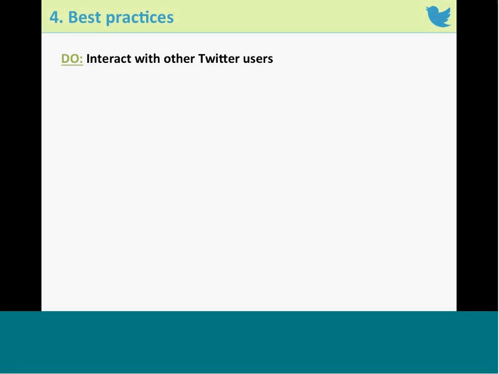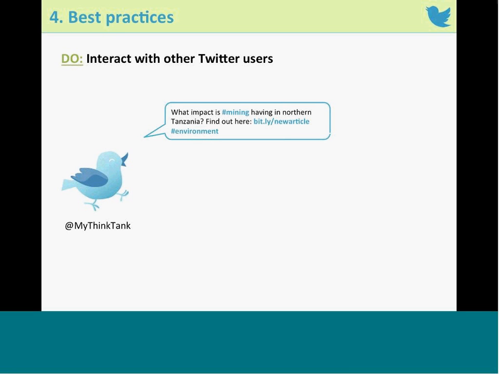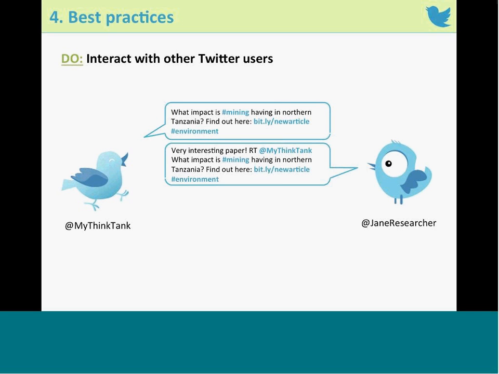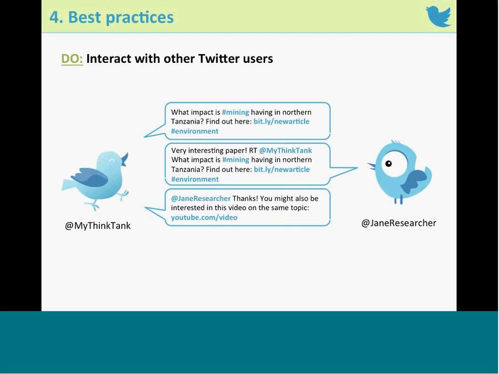Another thing that's very good to do on Twitter is to interact. So the way this can be done, for example, if you put up a tweet about a new paper you've written, what impact is mining having in northern Tanzania, find out here. And then some researcher who follows you retweets that and says, very interesting paper. It's great to then reply to that researcher again and say something like, thank you.